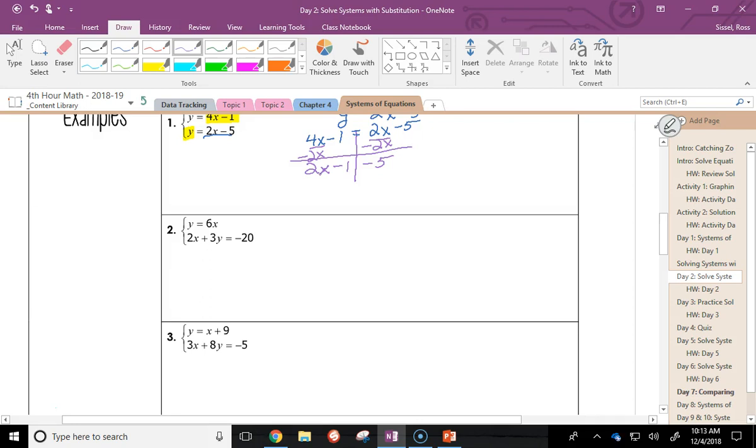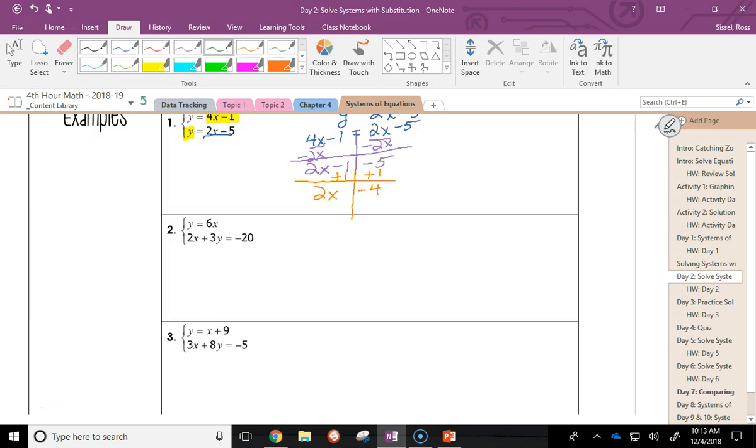I'm going to move the negative 1 over here. So I'm going to do the opposite. I'm going to add 1 because I want to get it away from my variable. So I have 2x. And then negative 5 plus, move this down, negative 5 plus 1 is negative 4. Okay? Now I have 2x equals negative 4.